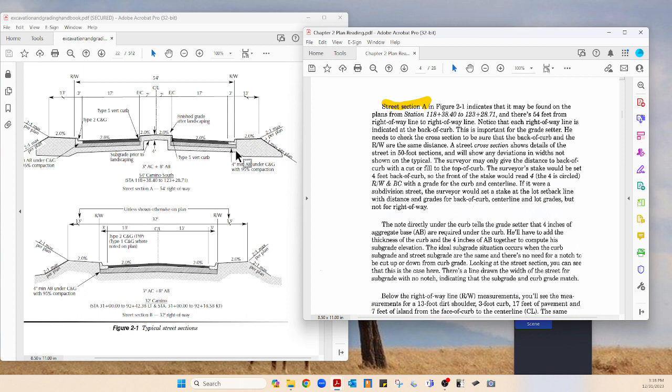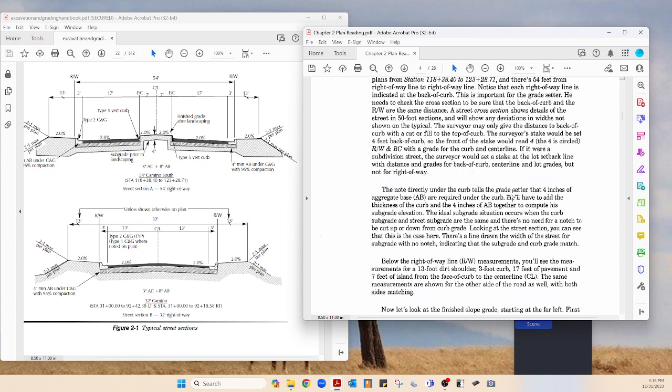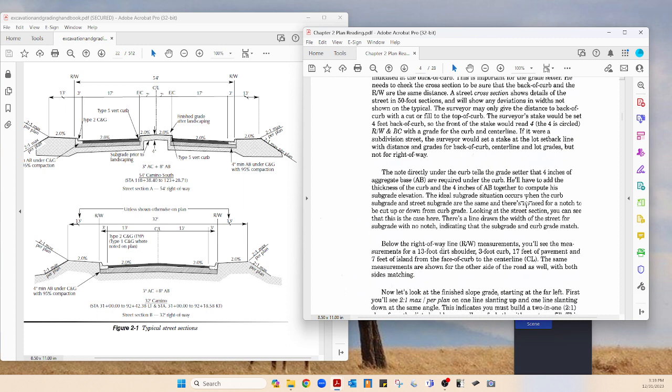That's really tight, but it's a road, and roads have strict, tight compaction requirements. Let's leave it at that. And that's the note directly under there: 4 inches of aggregate base, and we talked about that, and that's all going with the 8 inches, etc.